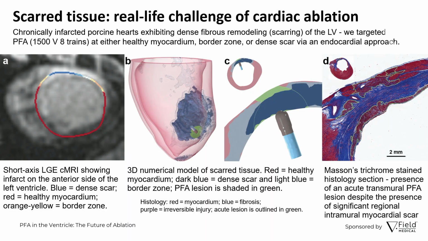There's another thing with PFA which I think is important to stress. I think this has been shown by others, but it's also supported here by looking at both the model on one side and the histology on the other side.